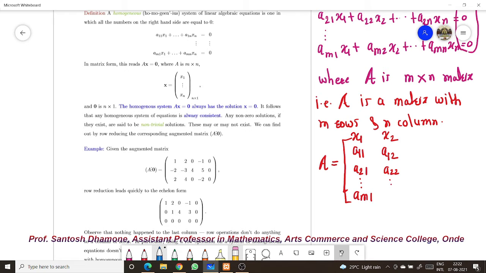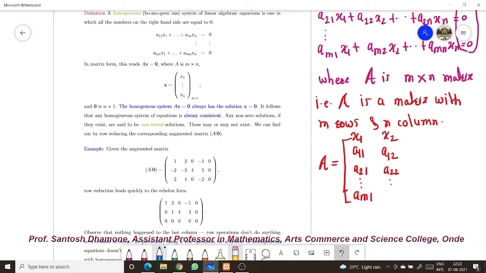And 0 is the zero matrix of order n by 1.